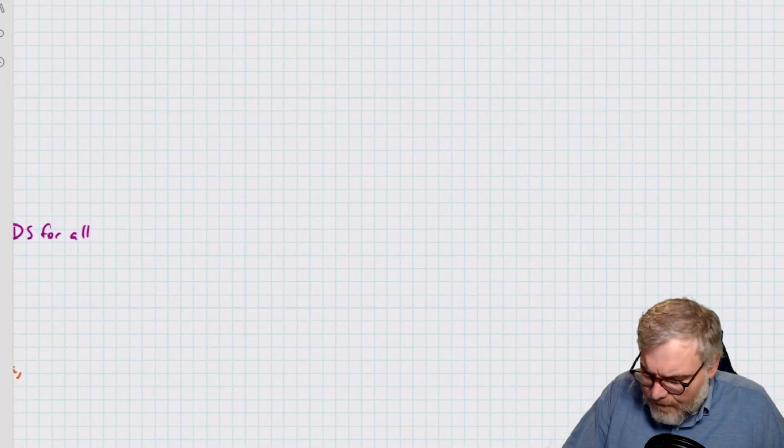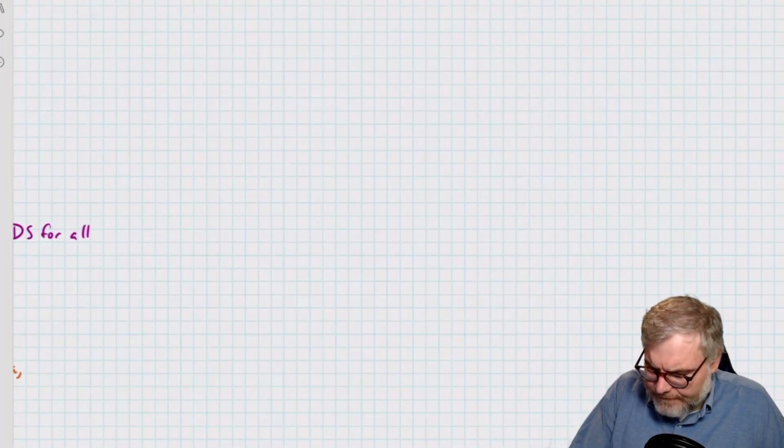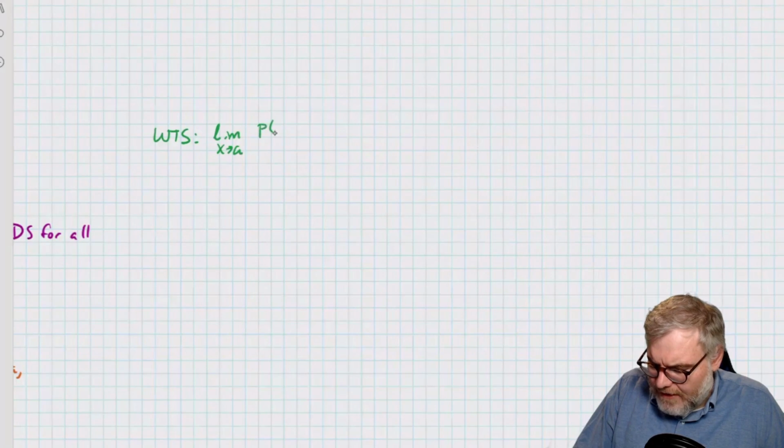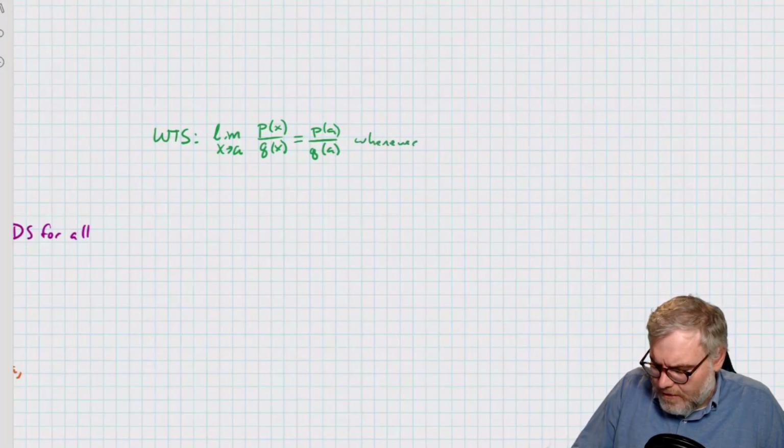So let's just say this. I want to show that the limit as x goes to a of p of x over q of x equals p of a over q of a whenever q of a does not equal 0.